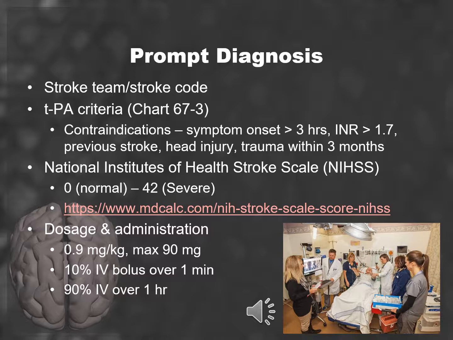And the whole goal is for the blood pressure to be maintained at less than 180/105, so that we don't increase the risk for hemorrhage. So a big thing we're assessing for while this patient is receiving TPA is making sure they're not having any obvious signs of bleeding or even bleeding into the brain.